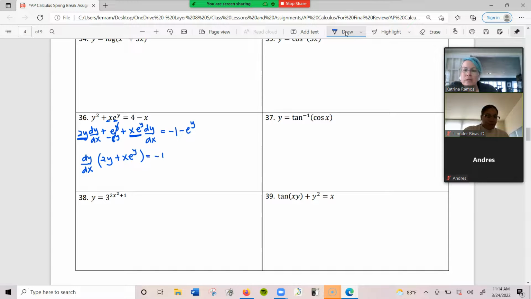Is that clear so far? And then divide. That's your final step. So dy dx is going to equal negative 1 minus e to the y over 2y plus x e to the y.